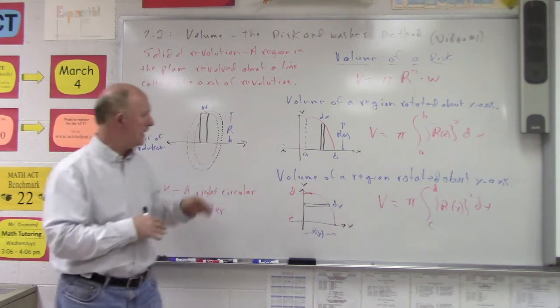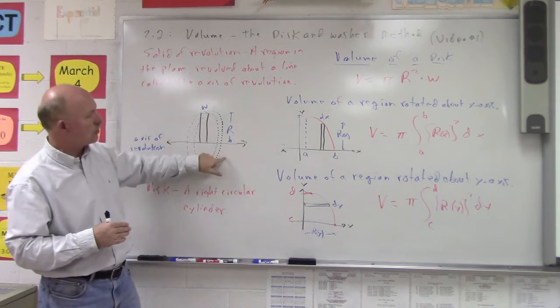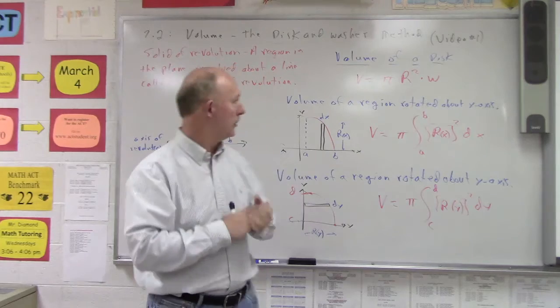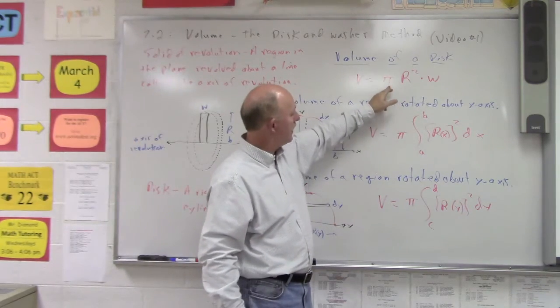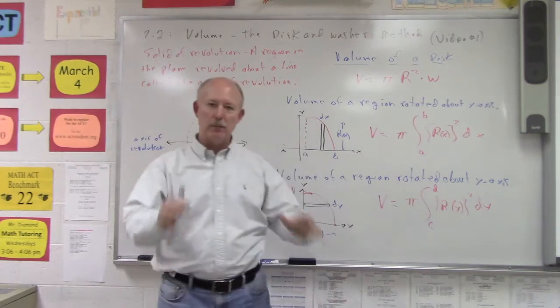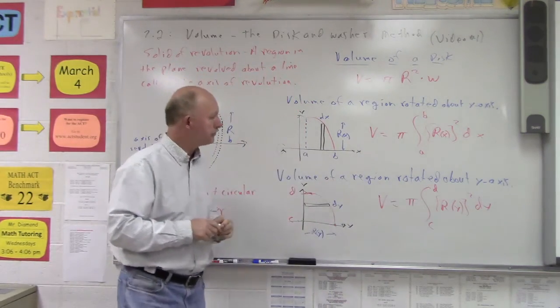So when you think of the volume of this disc, a flat right circular cylinder, the volume is going to be pi times its radius squared times its width. So pi times a big R squared times W.